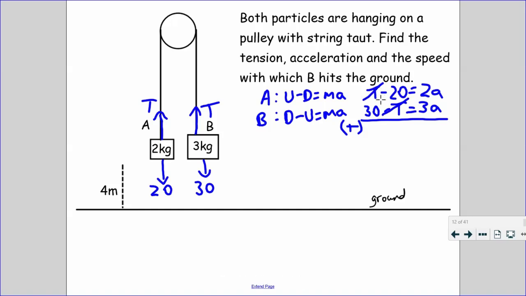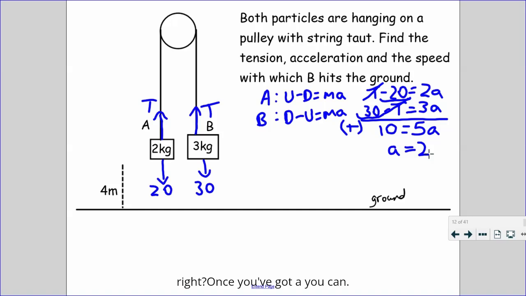Minus 20 plus 30 is 10. 2A plus 3A gives you 5A. And A equals 2.